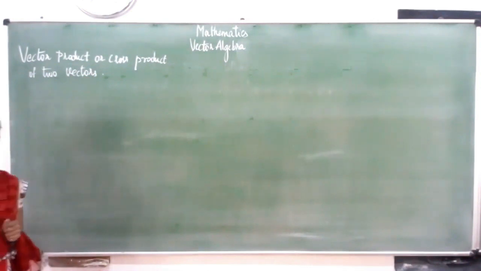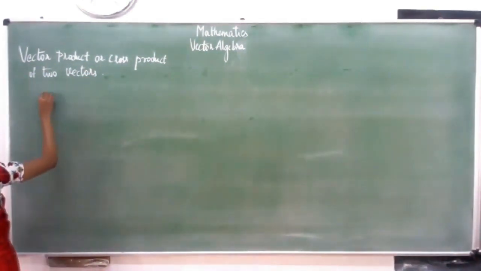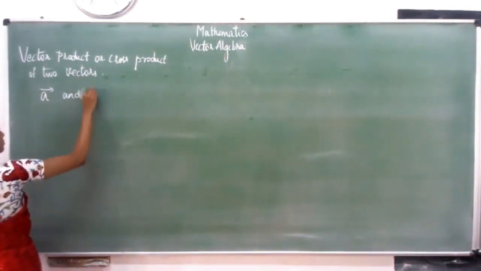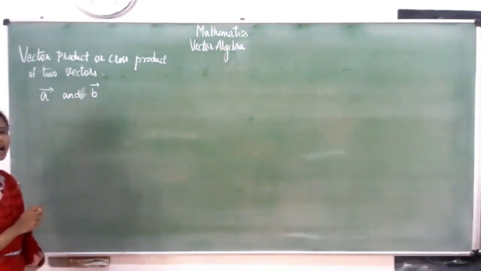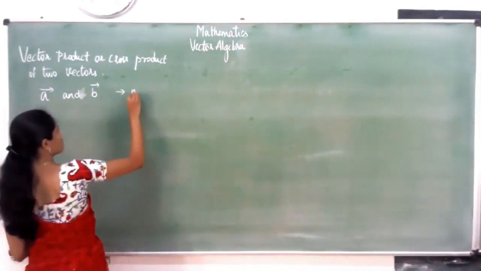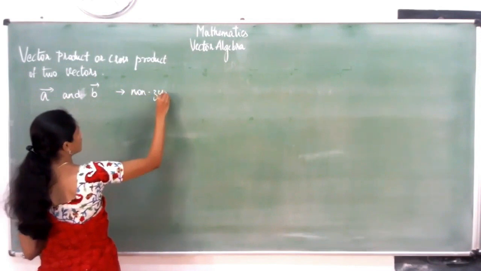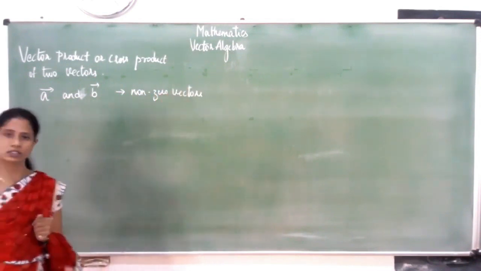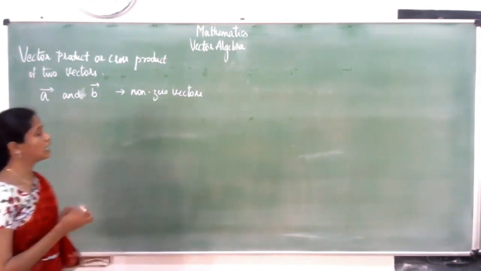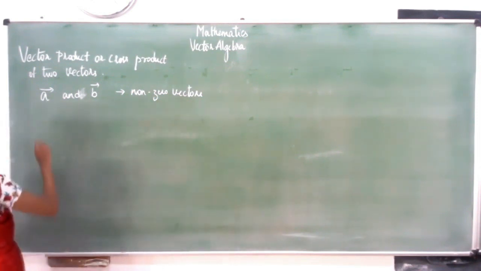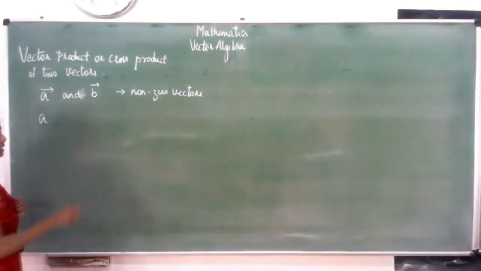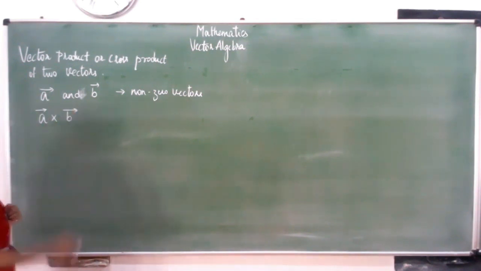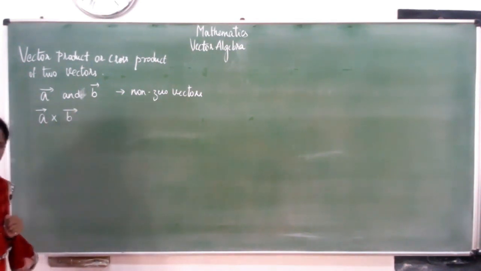Now let's consider two vectors. I am considering vector A and vector B. These two vectors are non-zero vectors. When I consider the two vectors, vector A and vector B, and these are non-zero vectors, then the cross product between the two vectors, which we denote as vector A cross vector B. This is how we denote the cross product between two vectors.